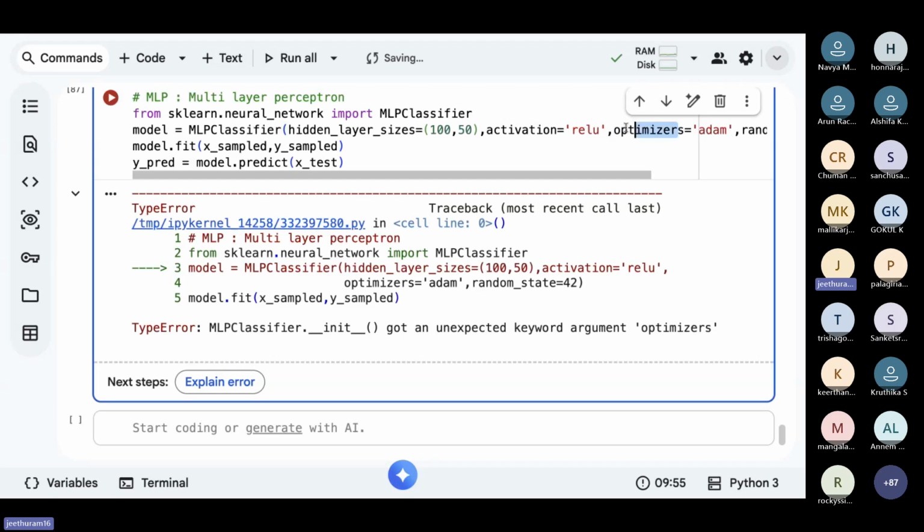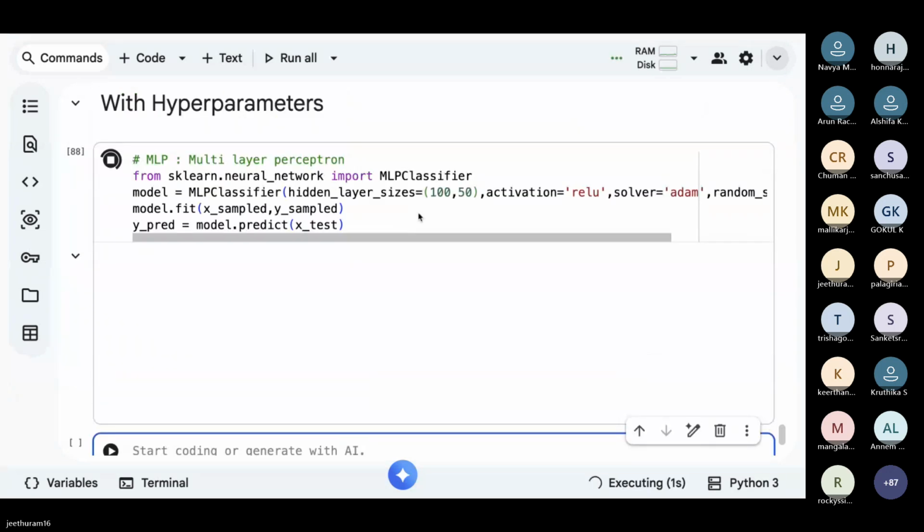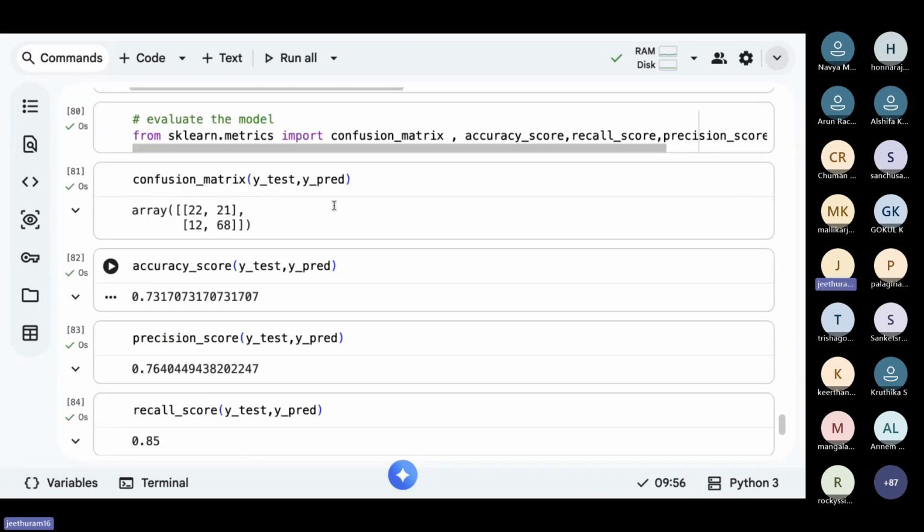Oh, it's not optimizer, it should be solver. Sorry. Use it as solver. Now try evaluating the model using this.